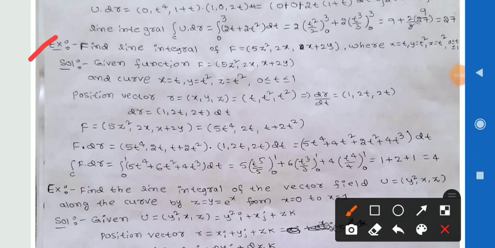This t value lies between 0 less than or equal to t less than or equal to 1.